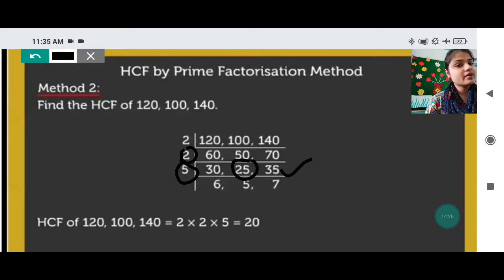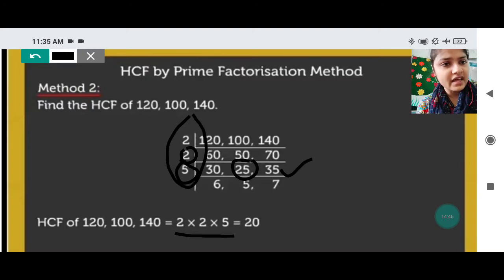Now the numbers we have got downside are 6, 5 and 7. Are 6, 5 and 7 divisible by any common prime number? No, they are not. So in that case, whatever common numbers you have received, you will write together. That is 2 into 2 into 5. The uncommon ones you will leave. 2 into 2 is 4, 4 into 5 is 20.